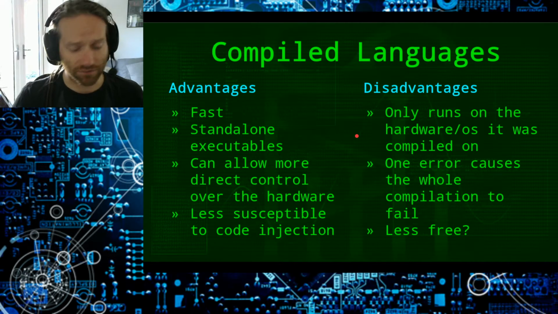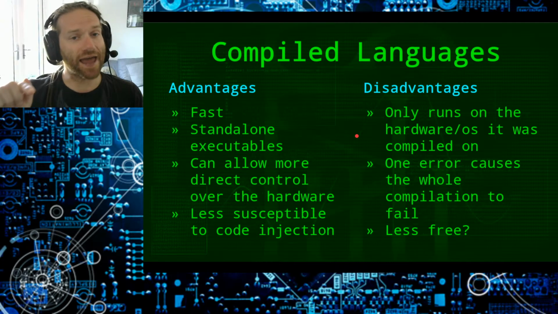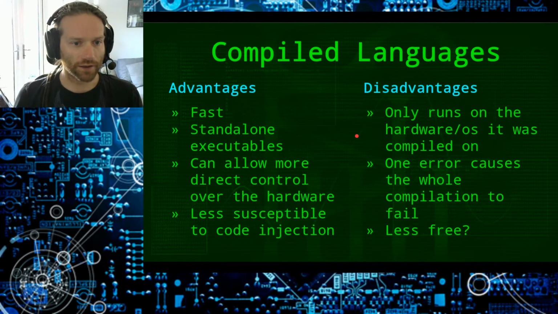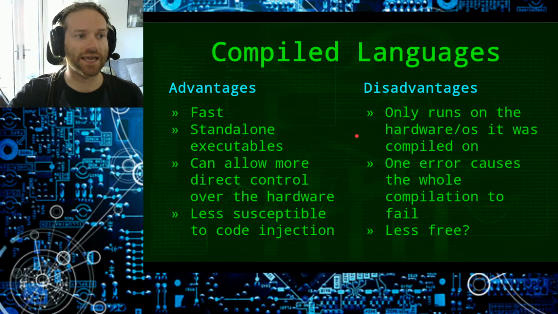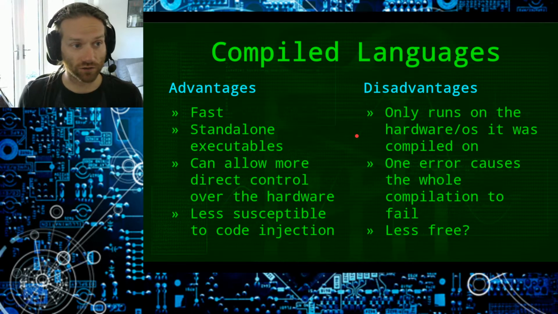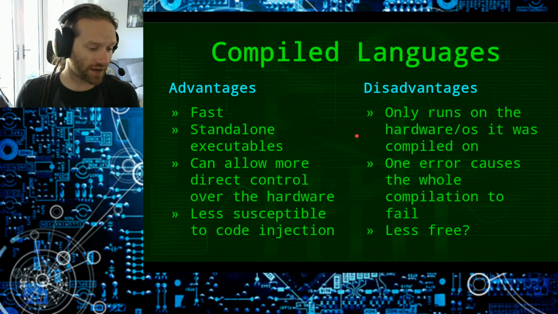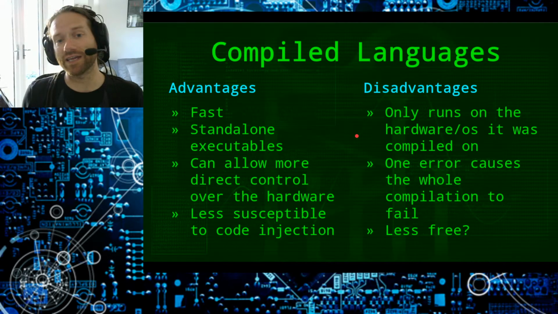Just so that we're clear, an executable file is a file that you can run on Windows. They always have the extension .exe. If you've got any games installed, you can go into the folder where they are installed and you should find a file with .exe on the end.